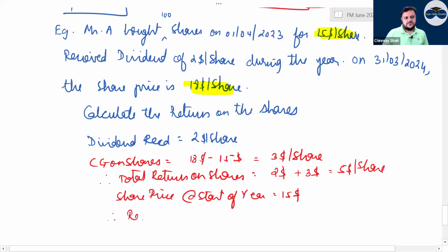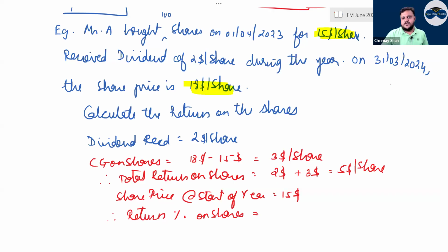Therefore, if I ask you how much is the return percentage on shares, how will you find out? How much total return did you get on the shares? $5.